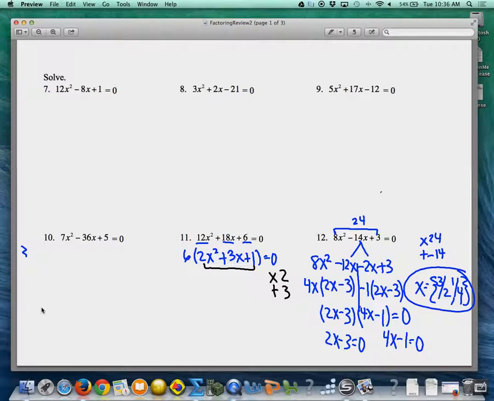What are they? 2 and 1. So this middle term, instead of 3x, I'm going to write 2x plus 1x. Keep that plus 1. Keep the 2x squared. And then what I have to remember is that I factored out a 6. We don't really care about the 6, but you just need to keep it there.